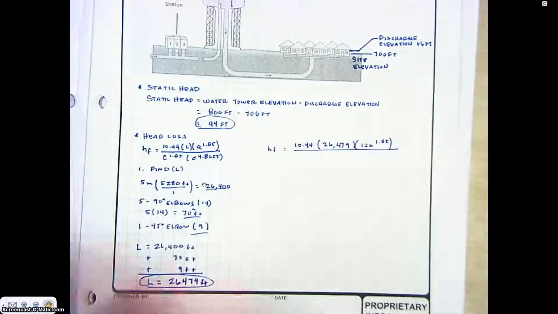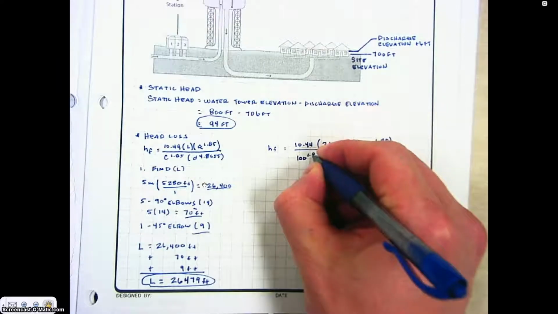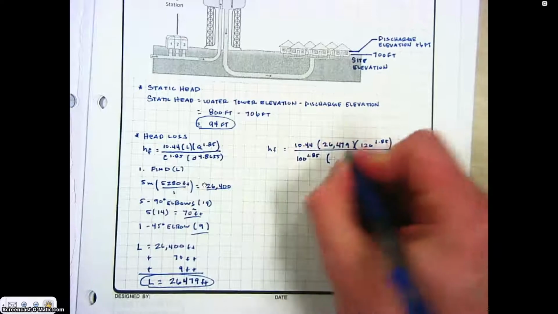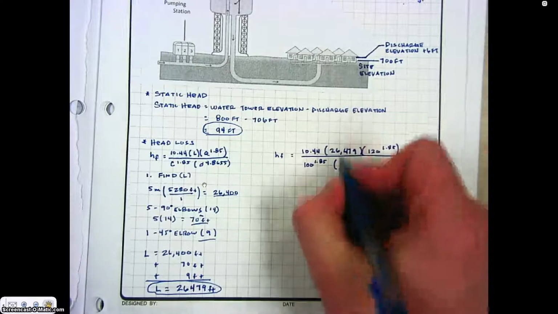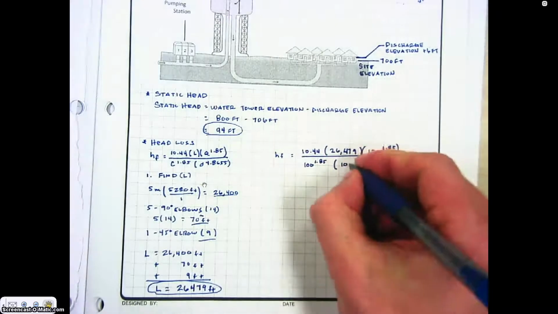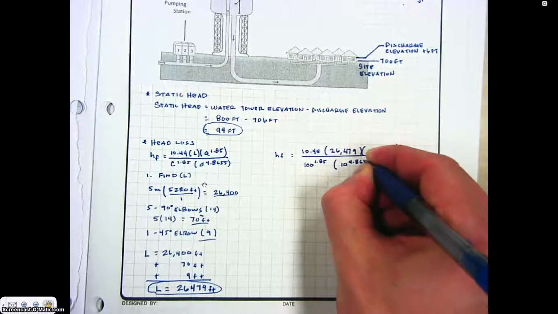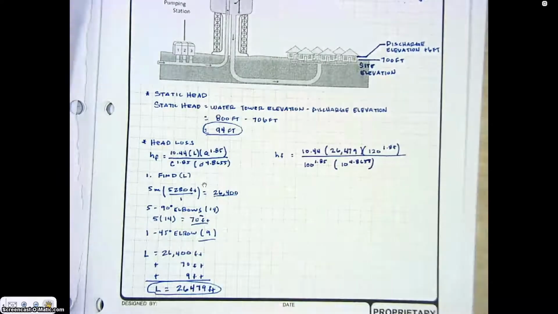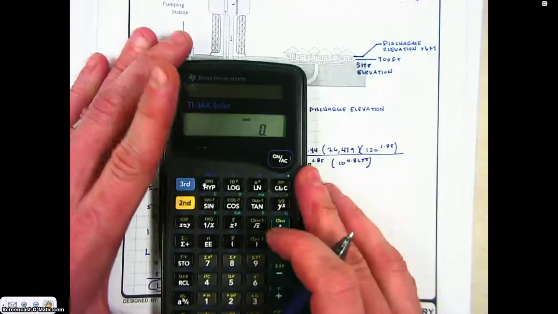I'll write that in, 100, to the 1.85 power. And we multiply that by the diameter of the pipe, which is 10 inches, to the 4.8655 power.